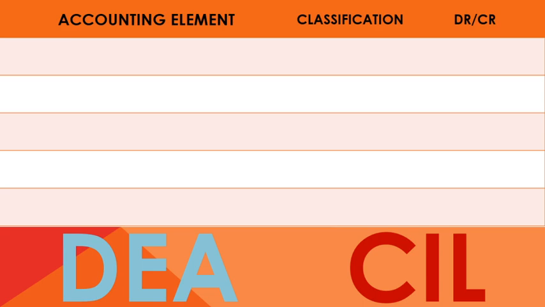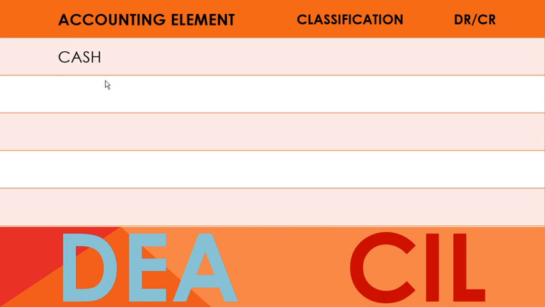Okay? So, always remember yung acronym na sinabi ko sa inyo kanina, which is yung DEA. Ulitin natin, these are drawing, expenses, and assets. And on the other hand, when we say SIL, ito naman po yung mga credit accounts and those are capital, income, and liabilities. So, isa-isahin natin. So, example, cash.